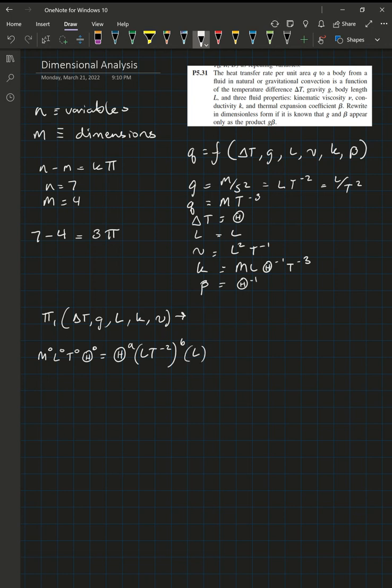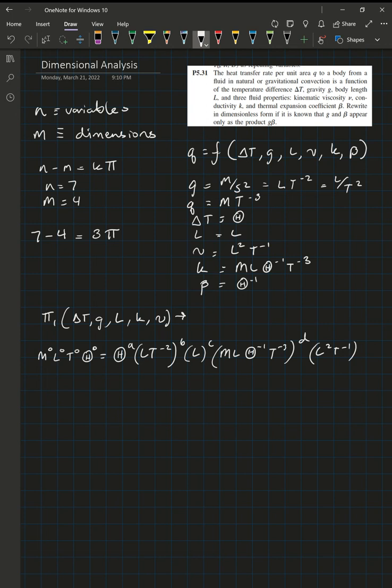L, which is just length, raised to the power of C. K, which is just going to be M, L, capital theta, raised to the power of D. And then kinematic viscosity, which is just L squared T to the minus 1, raised to the power.